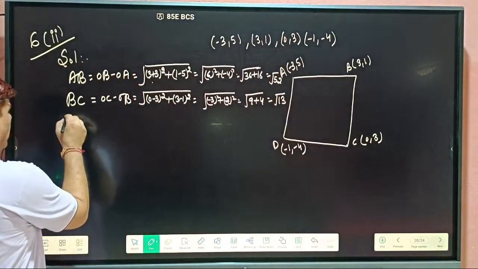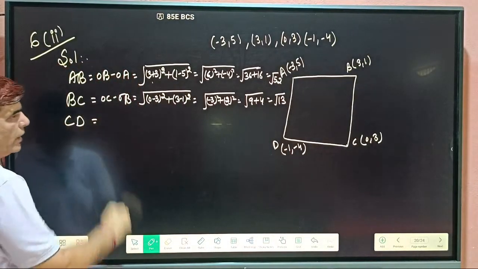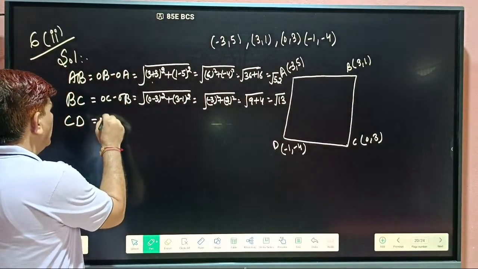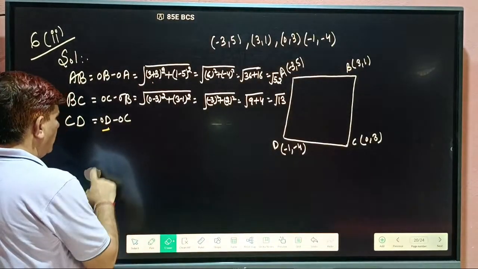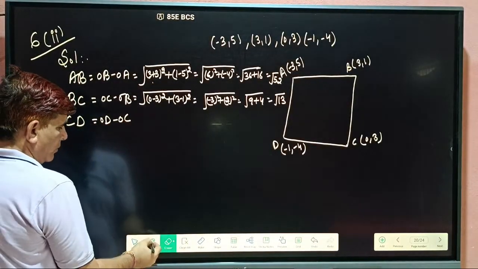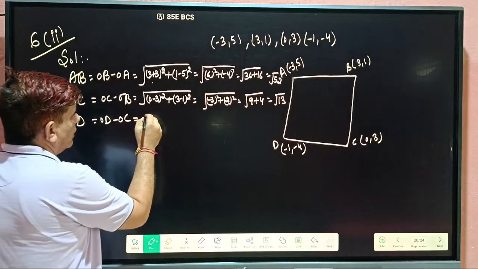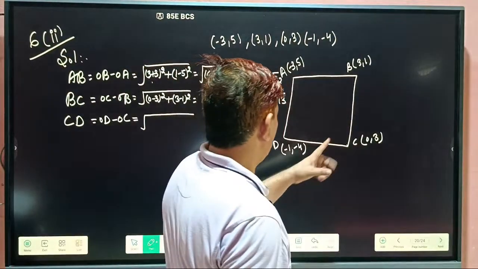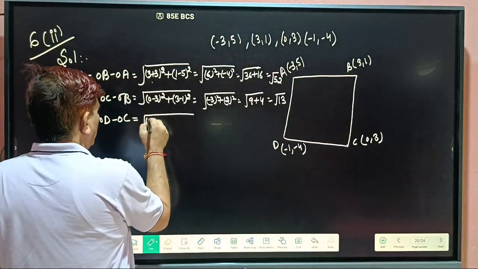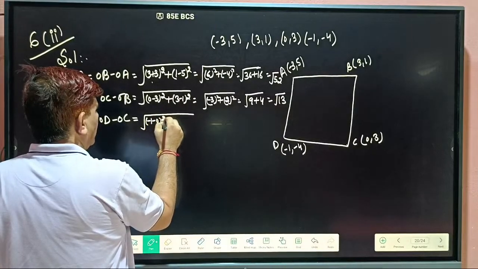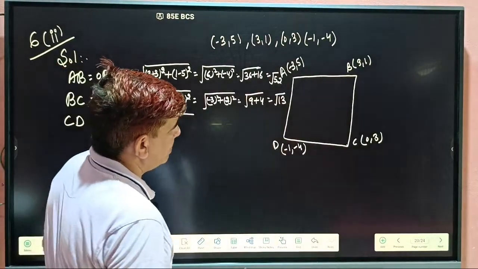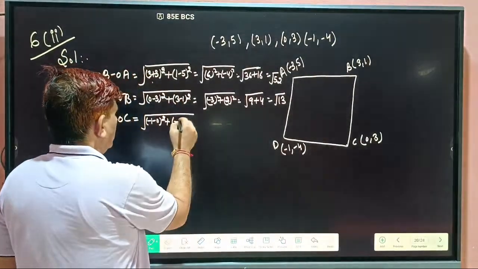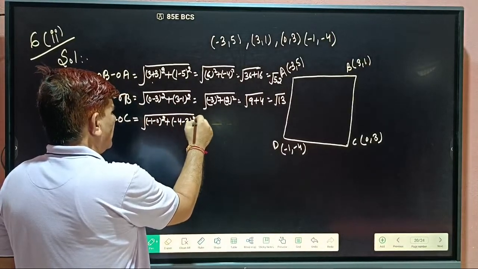Then find out CD. CD is OD minus OC, equal to under the root (-1 minus 0) whole square plus (-4 minus 3) whole square.